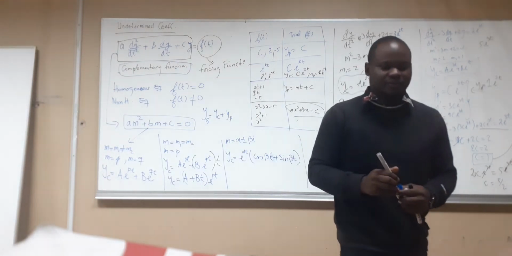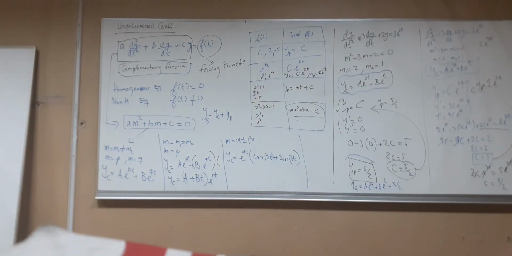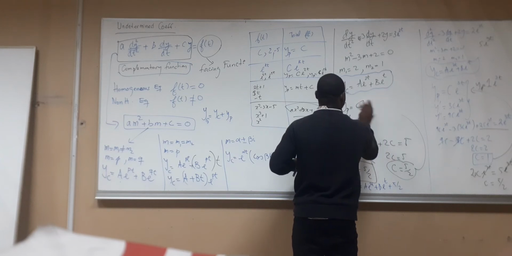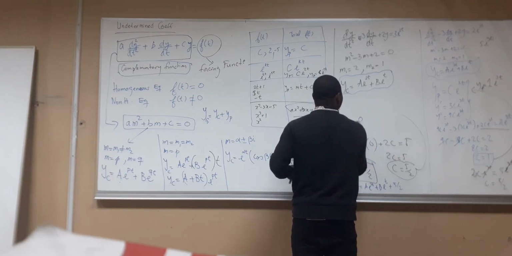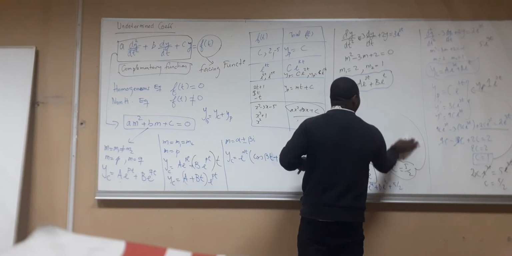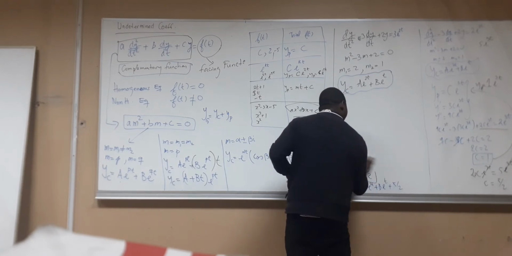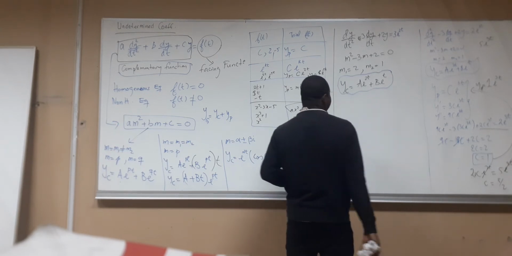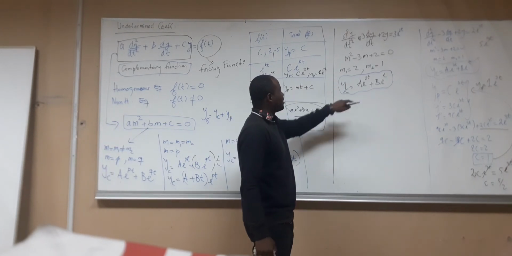Let me double check if it's still recording. Yes, it's recording. Let's say that we have something like this. Obviously, our characteristic equation will be the same because the complementary function is still the same. So we're going to end up having this.